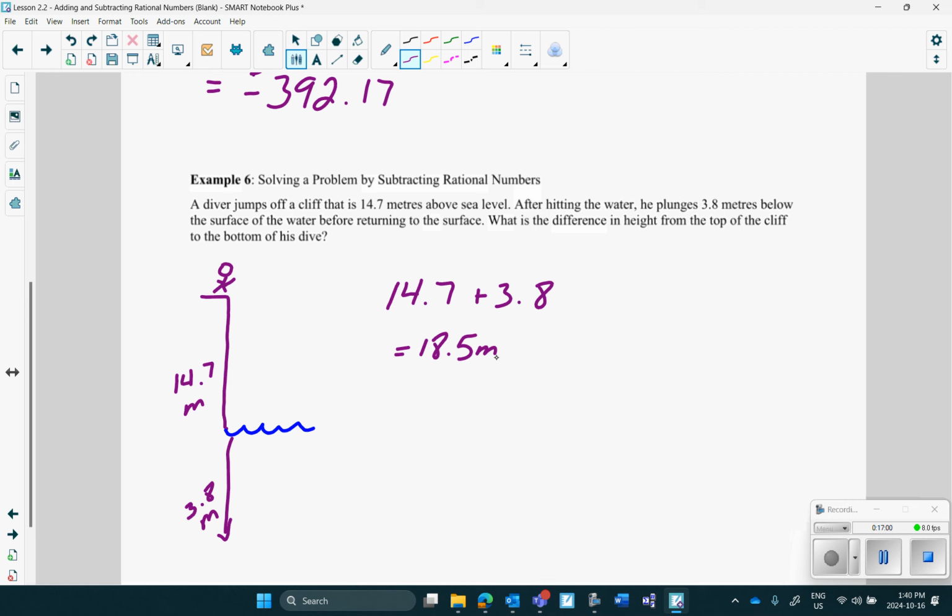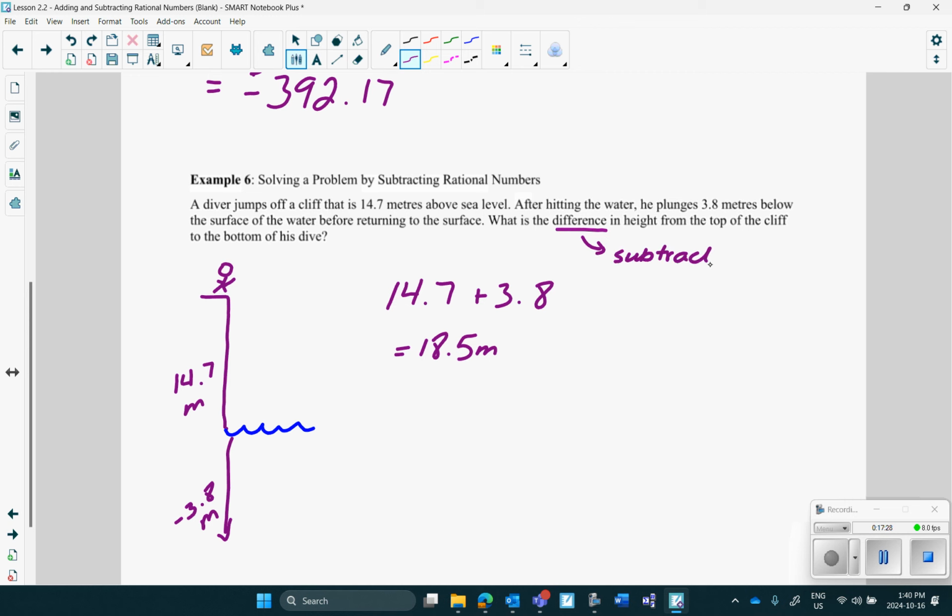Another way to look at it, and this is why we can add it. Let's say that we call below sea level negative. To find the difference, what operation does difference mean? When you're finding the difference between two numbers. Subtract, correct.